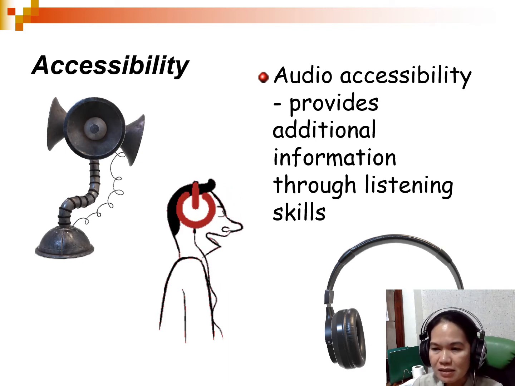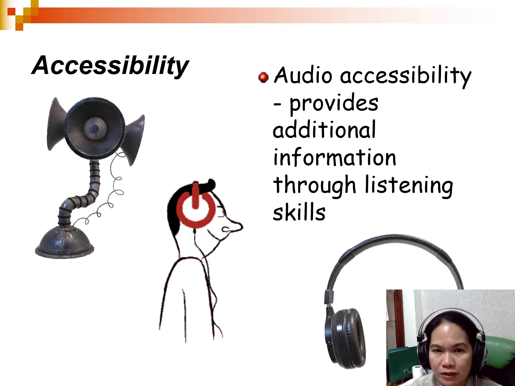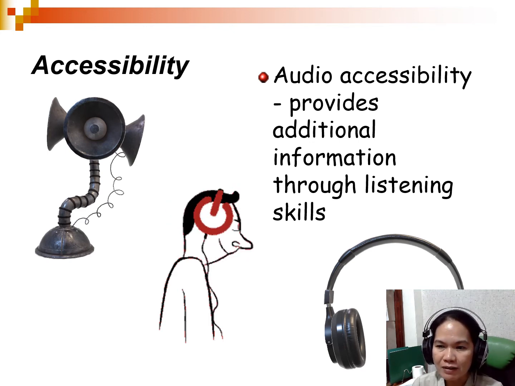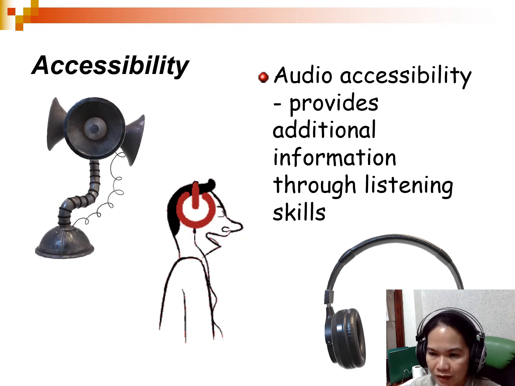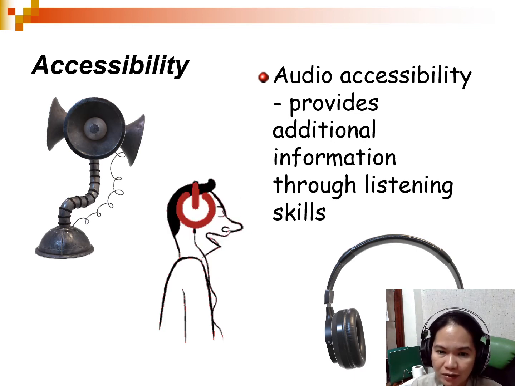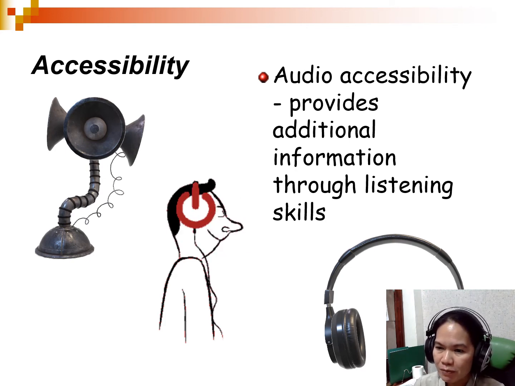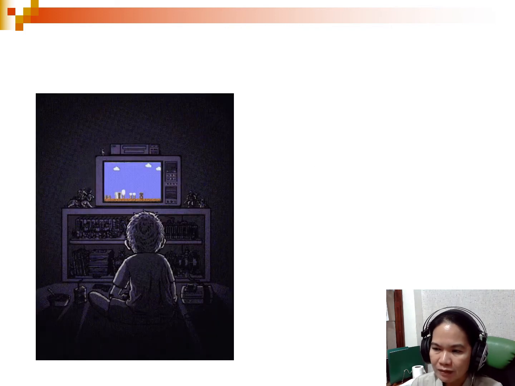Okay, listening skills is very important. If you want to get the information, for example, you want to ask the resource person or a speaker, okay, because you need the additional information to support your opinion or your claim. So audio accessibility, is it readily available? Who are your resource persons wherein you need your information? Your listening skills will be tested with that.